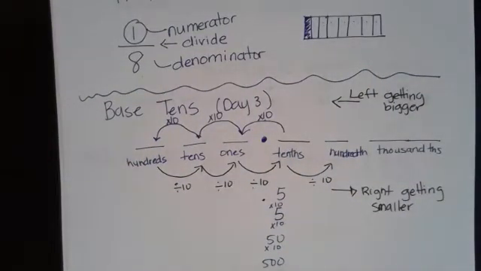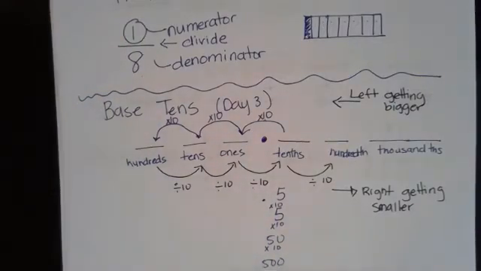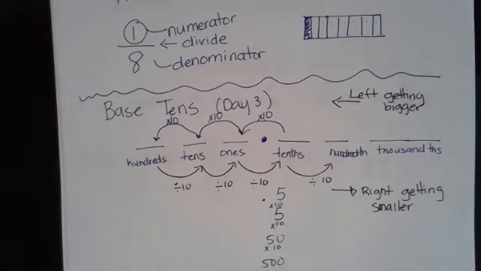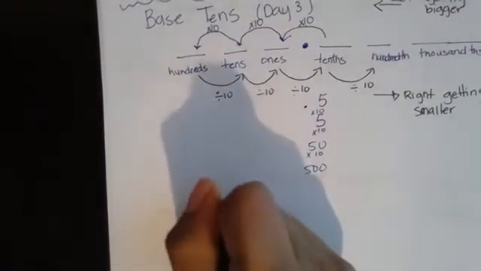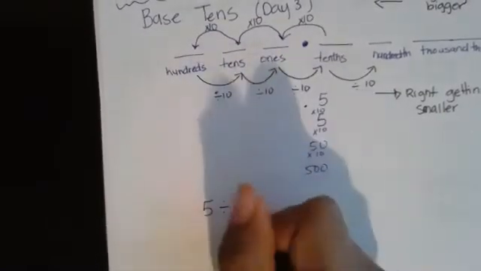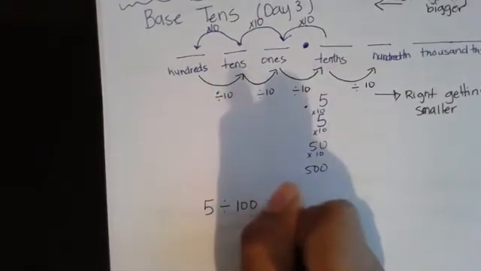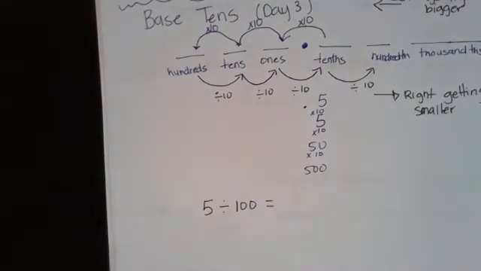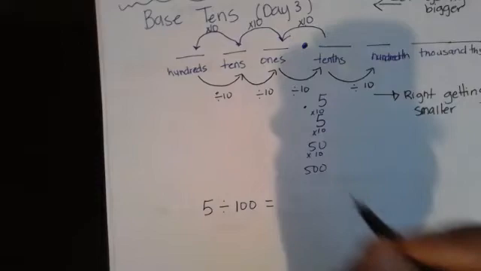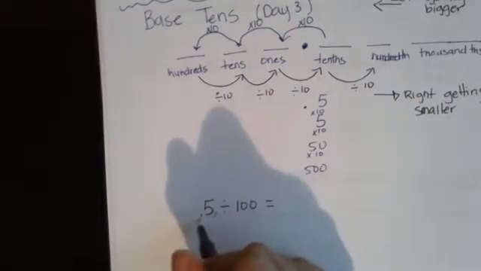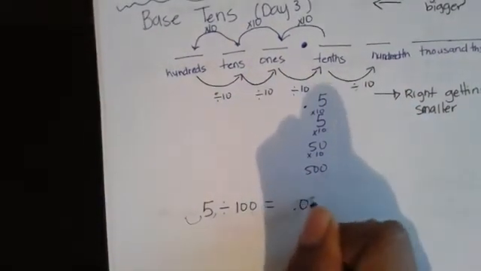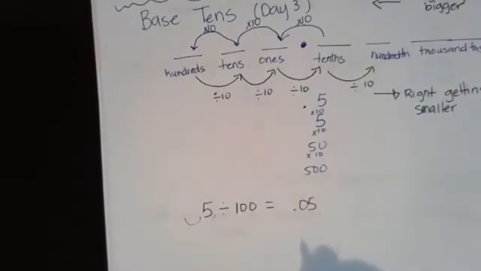Okay. So now understanding that and knowing that we went over it, these are basic math number talks, right? So for instance, if I had 5 divided by 100, and I told you, okay, think about it. You can tell me that 5 divided by 100 would be 0.05, and I would say, well, how do you know that?